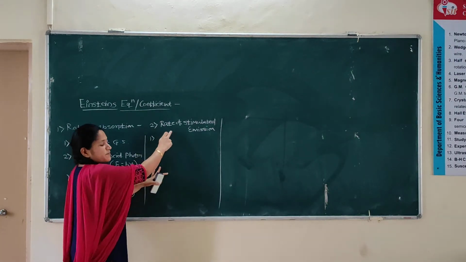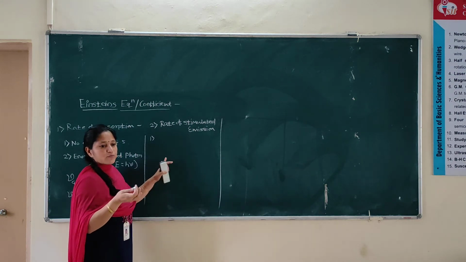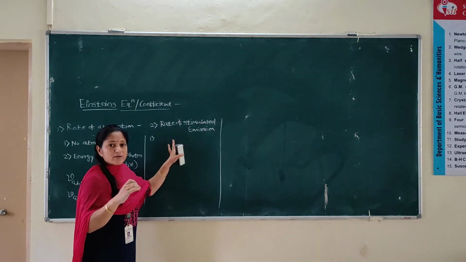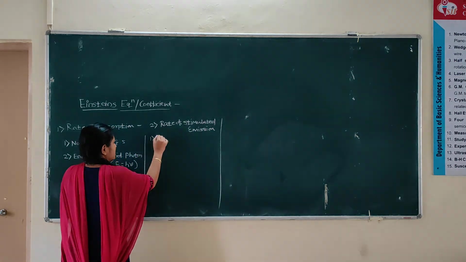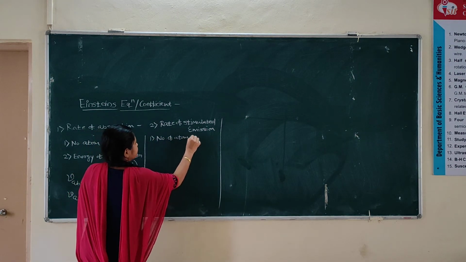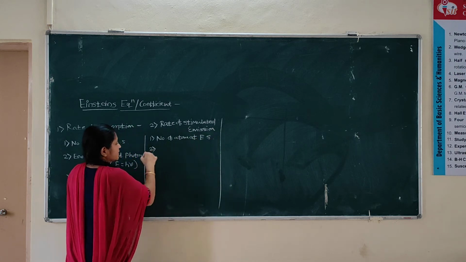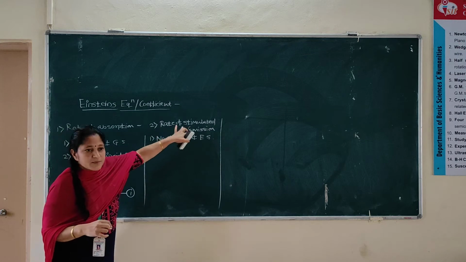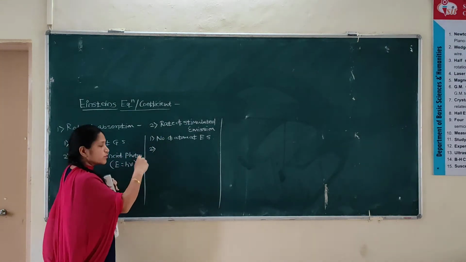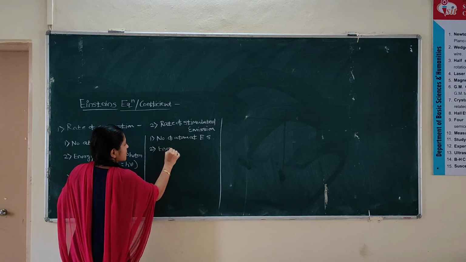First, the number of atoms at upper state, or we can say the number of atoms present in the excited state. And second, it depends upon the energy of the photon, that is h mu.